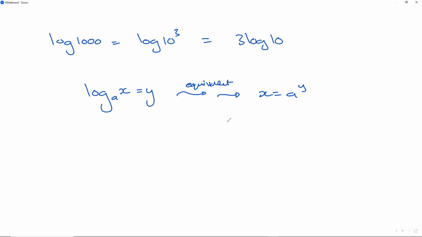So natural logarithms are logarithmic functions which have base equal to e. So natural logarithms are generated representing log base e of x equals y, which becomes the equivalent of x equals e to the power of y.